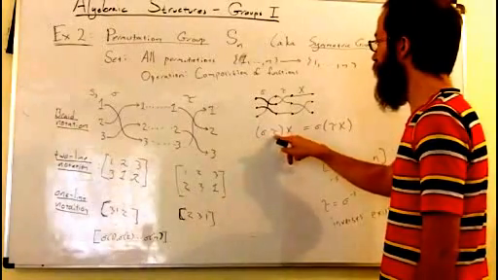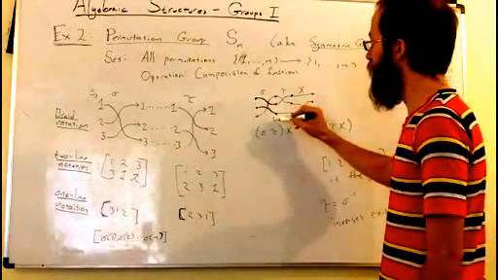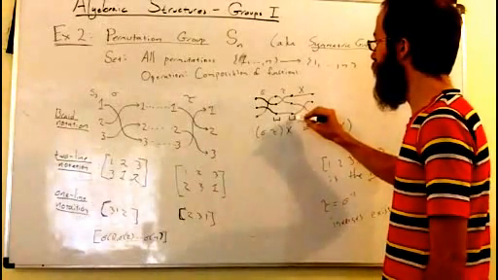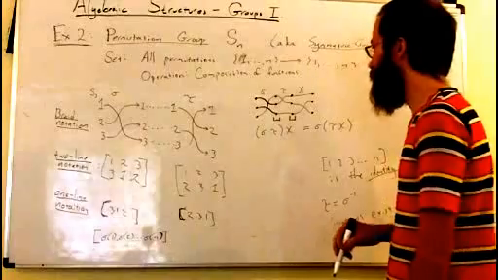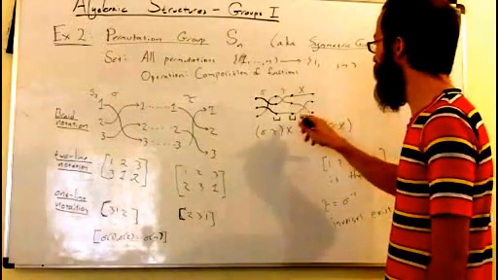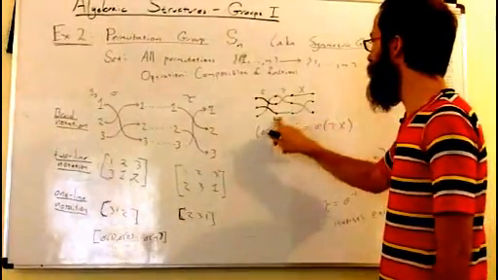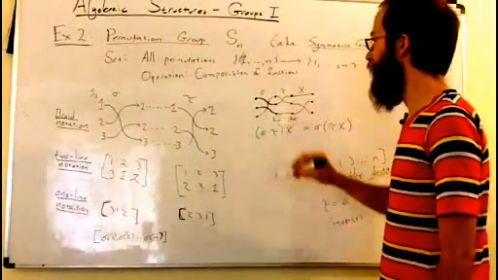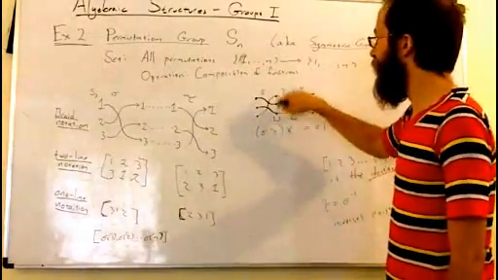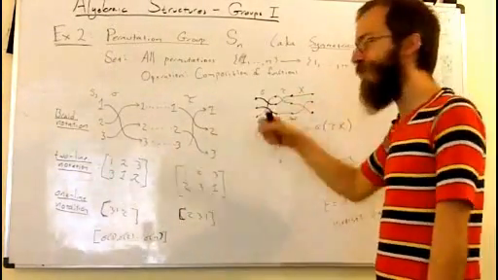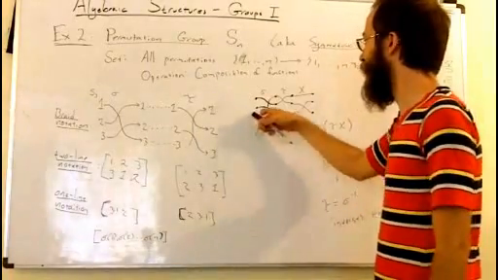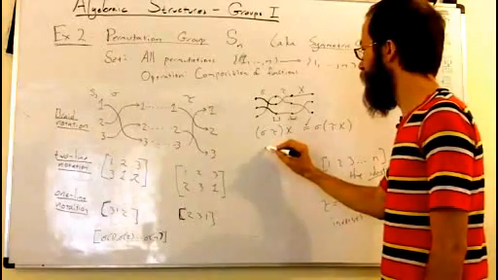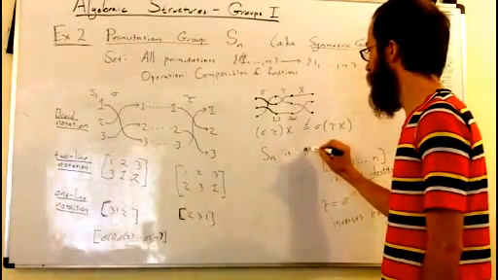So if I do sigma tau and then kappa, it means I forget about these dots for sigma tau, and then multiplying by kappa means I forget about these dots and just follow everything all the way across. On this side, doing tau kappa means I forget about these dots, and then doing sigma means I forget about these dots. In fact, forgetting about the dots, it doesn't matter which order I do it in, I still have the same picture without dots at the end. Therefore, these two things have to be the same. And as a result, Sn is associative.